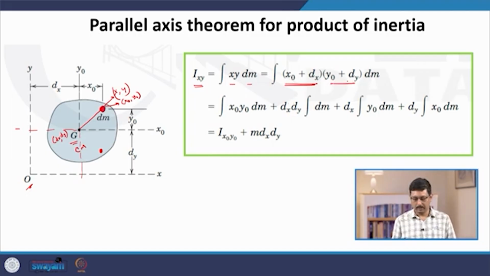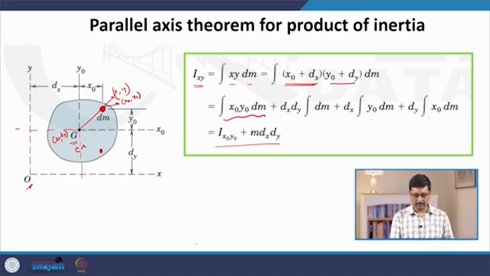Now, if you expand this, you get four terms, and it is easy to show that two of these terms will be 0. The first term is, by definition, the product of inertia with respect to the reference frame at the center of mass.